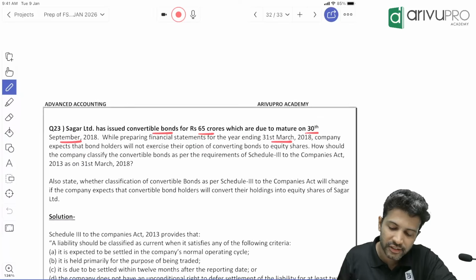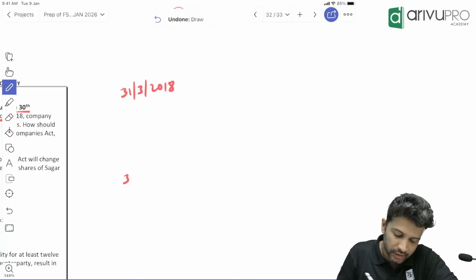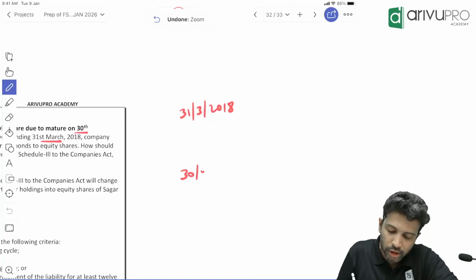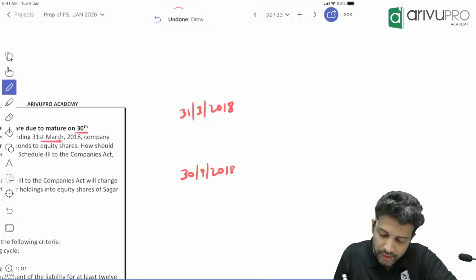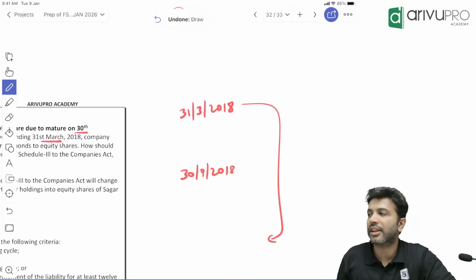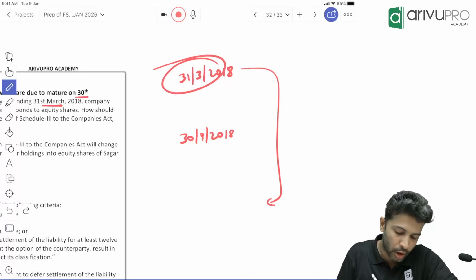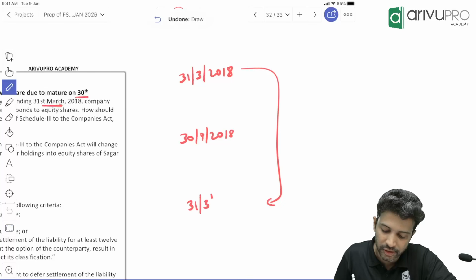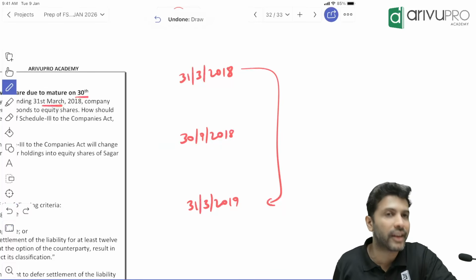This debenture itself is getting matured on 30th September 2018. What is a current liability? Something which is expected to be settled within 12 months from the balance sheet date. If you count 12 months from the balance sheet date, it is 31st March 2019. Are these debentures getting redeemed before that?